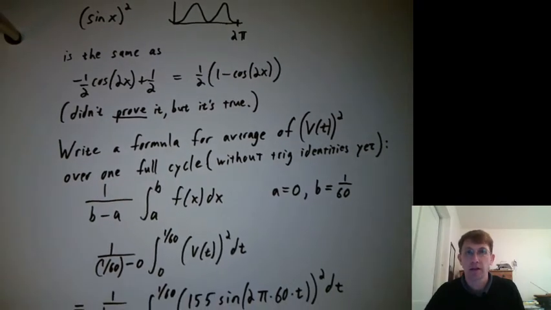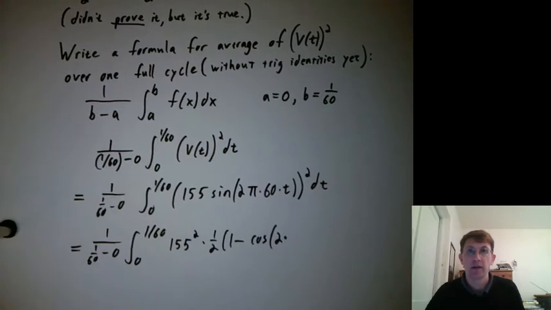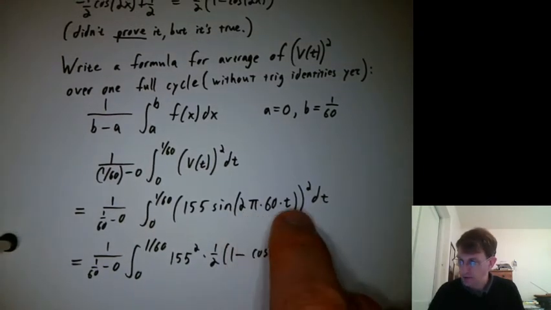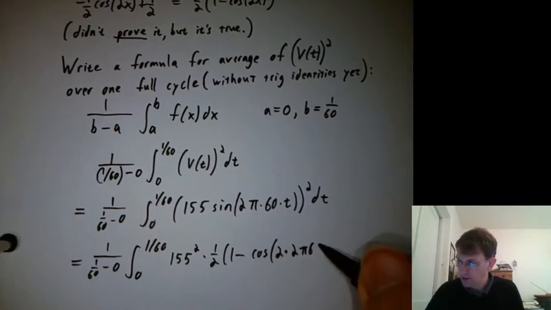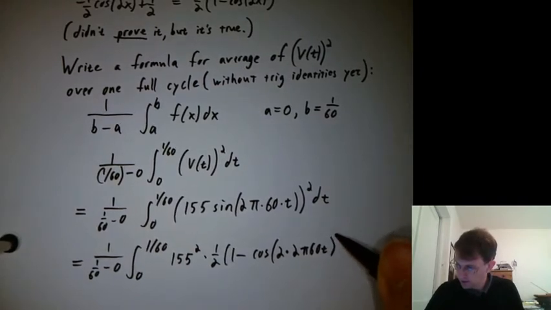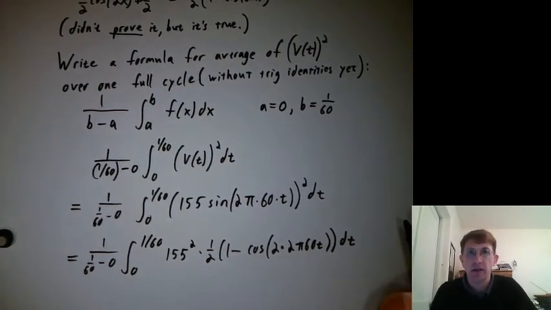Up there I was taking it of x, and then I had 2x. Here I'm taking the sine of 2 pi 60t, so I'll do 2 times 2 pi 60t, and that's good. So is this going to be easy or hard to integrate?